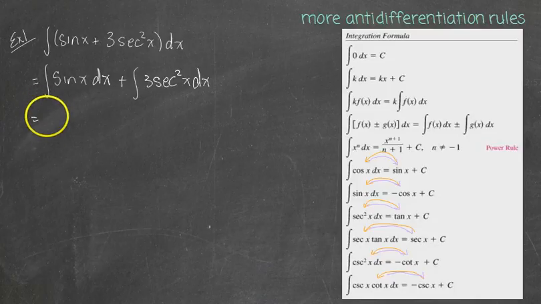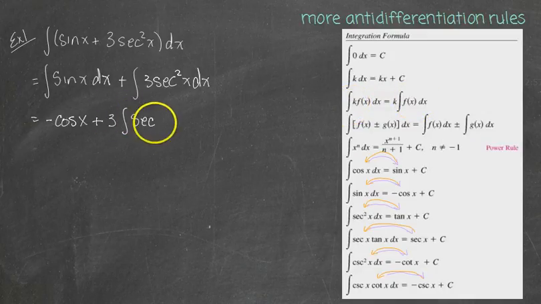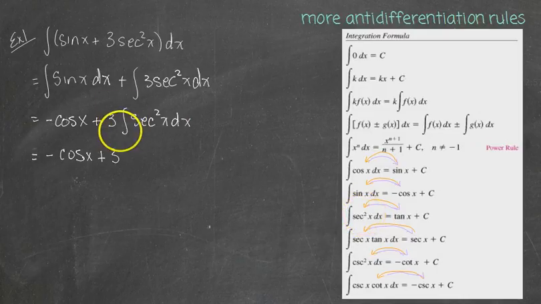So I can lose the integral symbol because we're finding the antiderivative, negative cos x, and then plus, I'm going to have to do two steps because I want to first apply the constant times a function rule. So I get 3 times the antiderivative of secant squared x dx. And now, finally, negative cos x plus 3 times the antiderivative of secant squared x, which is tan x.